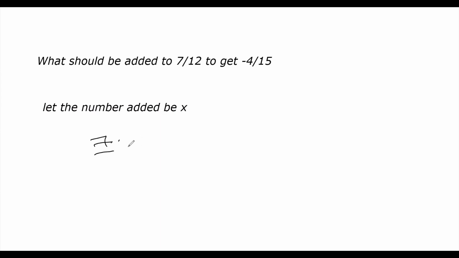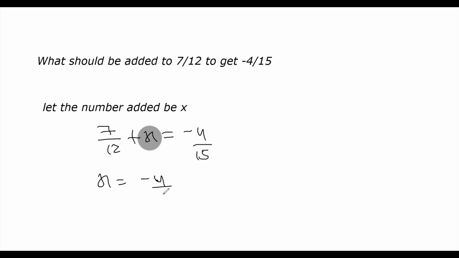We are going to add x, so 7 over 12 plus x results in negative 4 over 15. The required number x is already positive, so we are not going to transpose x. Instead, we'll be transposing 7 over 12 to the other side, so it becomes minus 7 over 12.